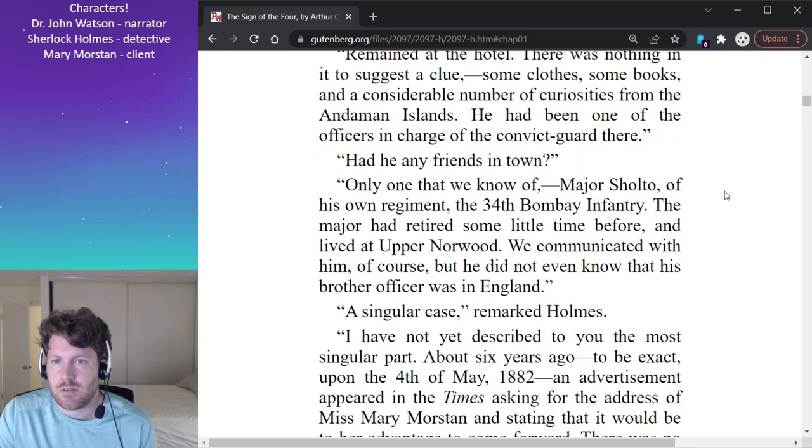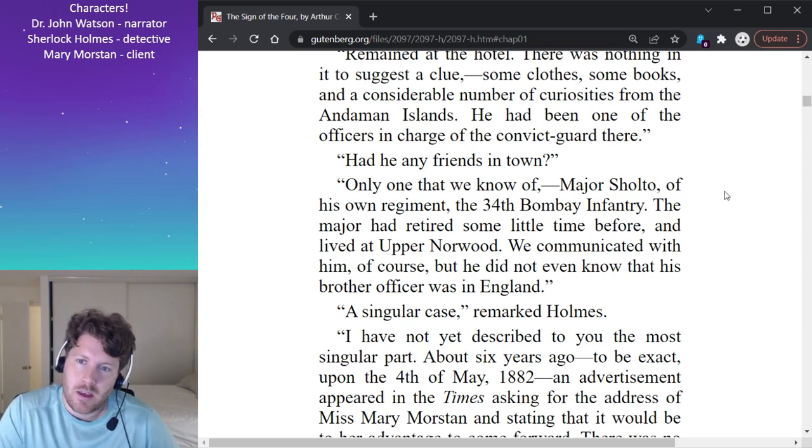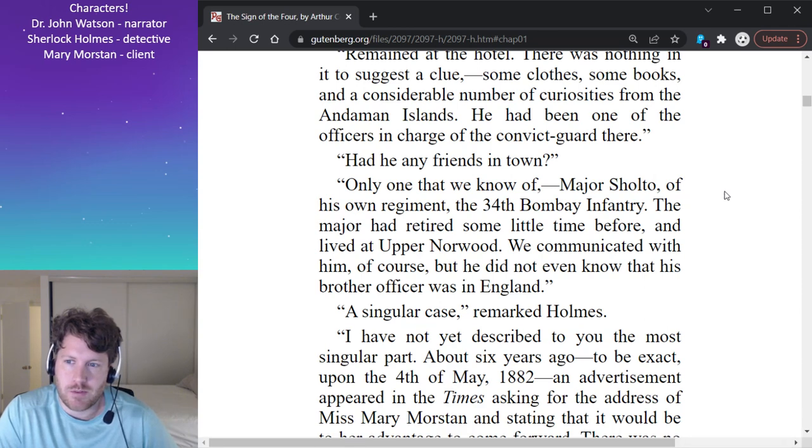He had been one of the officers in charge of the convict guard there." "Had he any friends in town?" "Only one that we know of, Major Sholto of his own regiment, the 34th Bombay Infantry. The major had retired some little time before and lived in Upper Norwood. We communicated with him, of course, but he did not even know that his brother officer was in England."